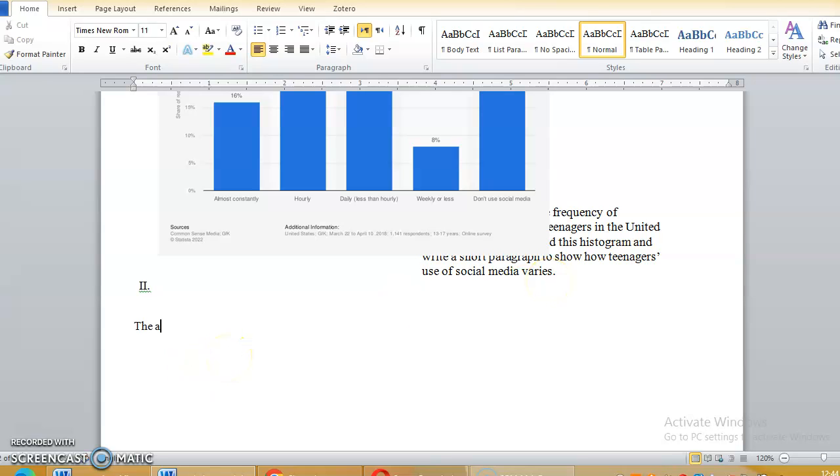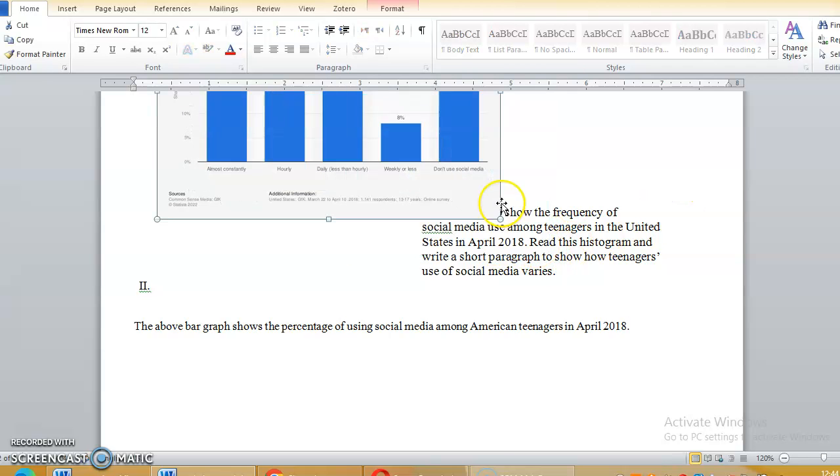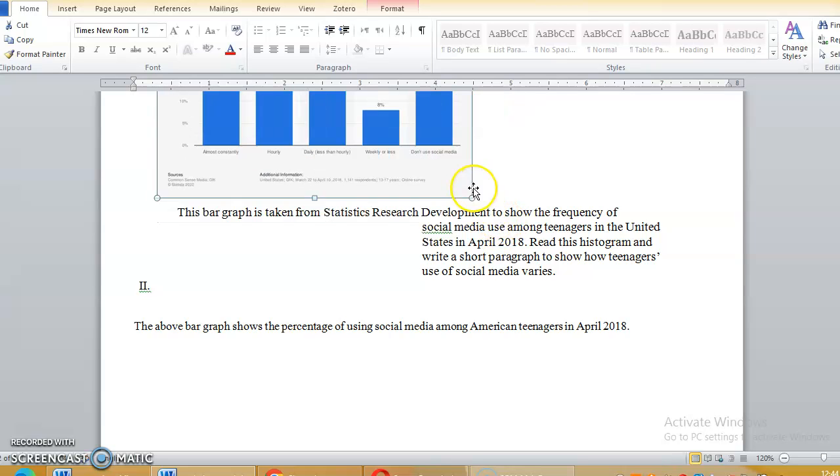So the above bar graph shows the percentage of using social media among American teenagers in April 2018. Now if you see here, I wrote the main idea.